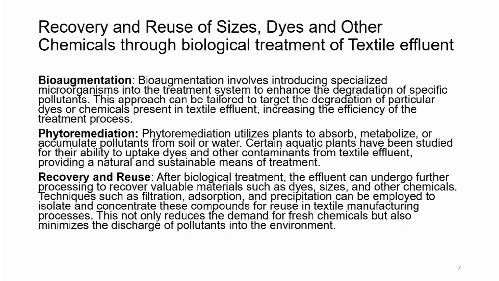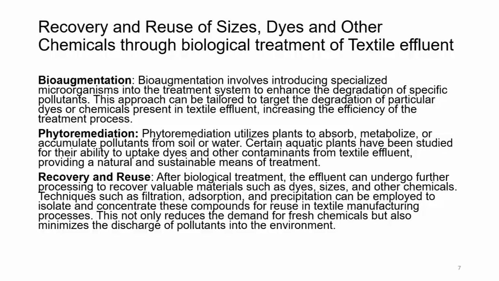Recovery and reuse. This is the main topic of this lecture, where we are emphasizing primarily on how to recover, what are the different methods of recovery, and how to reuse after recovery. After biological treatment, the effluent can undergo further processing to recover valuable materials such as dyes, sizes and other chemicals.